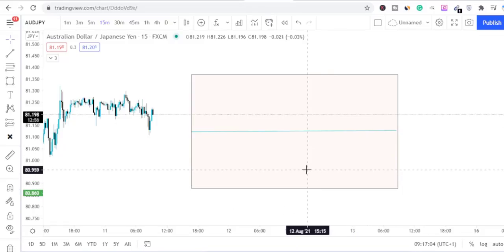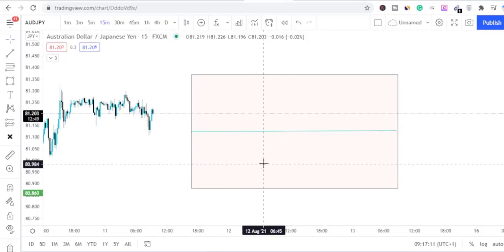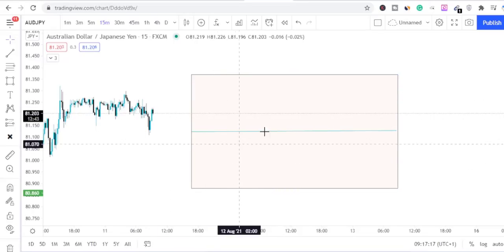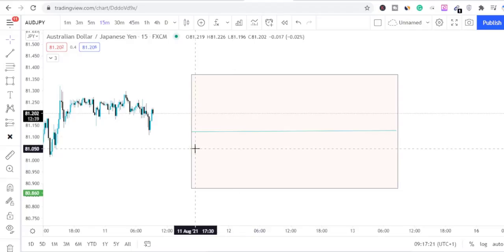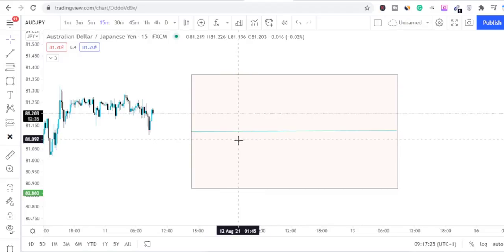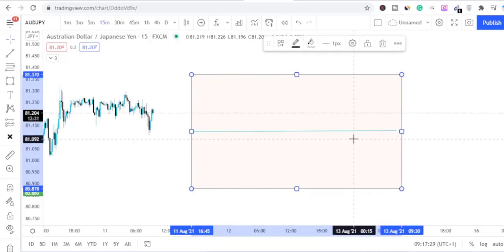So that is what we mean by discount level. Opposite is the case for premium level, but today I'm just going to be showing you discount level and how important it is and how you can begin to use this to make some cool cash, right? You use it to get some cool sniper entries.